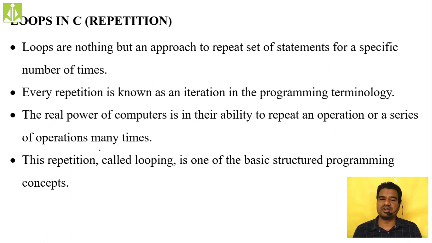Repeating a set of statements infinitely is meaningless. So we have to have a proper termination point for the loop, where the loop must exit and stop its execution. That has to be decided.